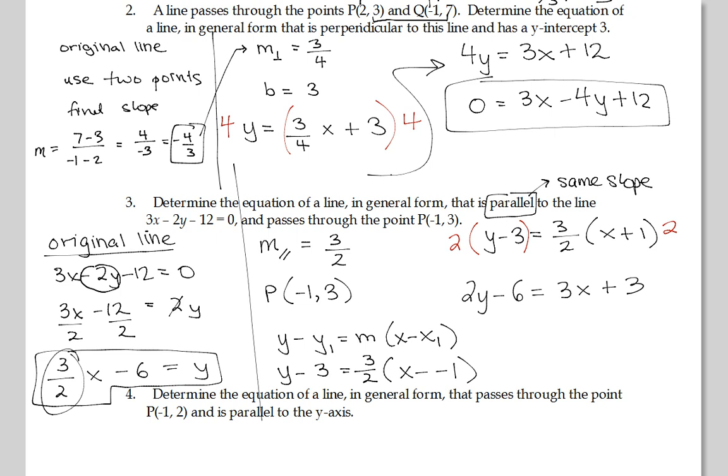Just distribute, right? But what happened on the right? Does it look like only the 3 came in? Because what happened to these 2's? They cancel. So you can cancel before you distribute. That 2 goes with that 2. 2 divided by 2 is 1. So it's just 3 times 1, which is just 3. 3 goes inside, 3x plus 3.